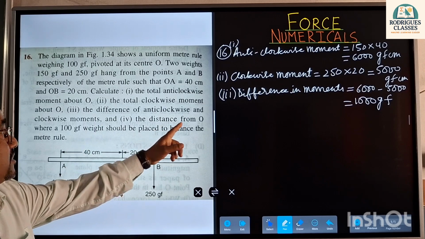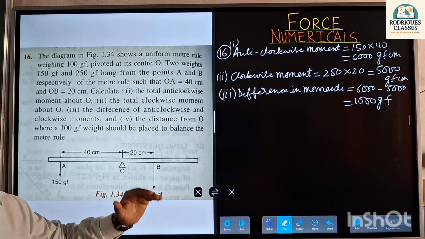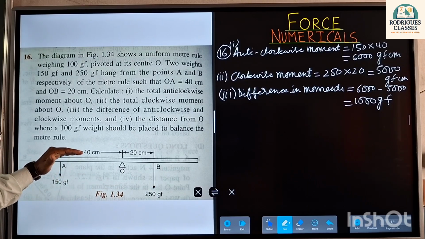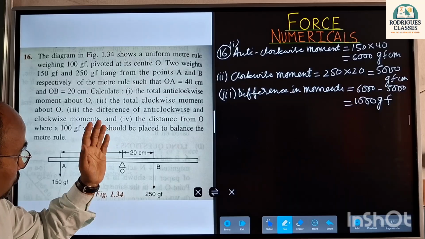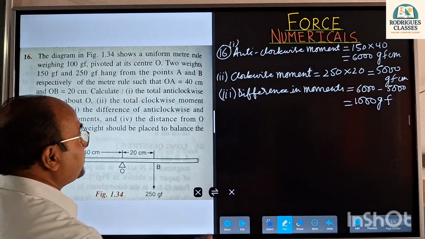Now the fourth one says the distance from O where a weight of 100 GF should be placed so that it gets balanced. Already it is turning anti-clockwise, so I will have to place it at a distance towards the right hand side of this. Okay, so I will take the distance to be x.